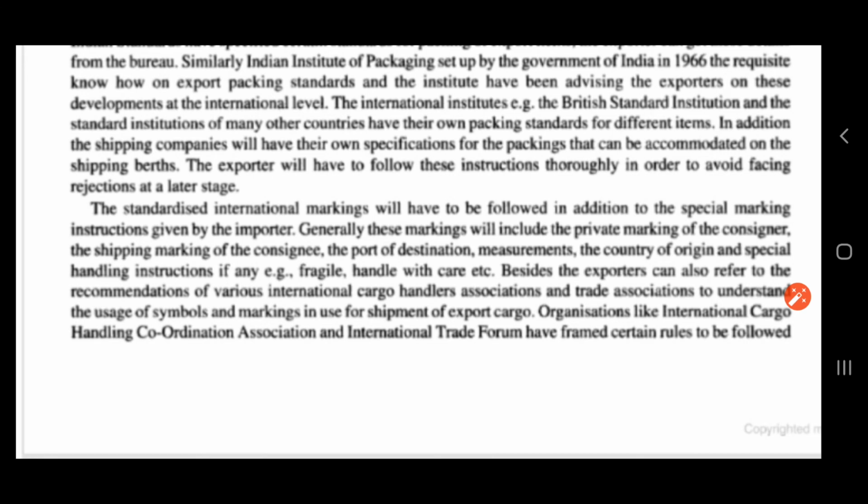So that is why the exporter in advance should follow all these things. So the standardized international markings will have to be followed in addition to the special marking instructions given by the importer, as we have discussed.